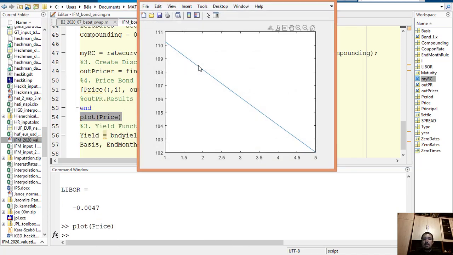So we can see that it's a completely linear function. As the bond gets older and older, the price will be lower and lower, because the amount of future interest is declining.